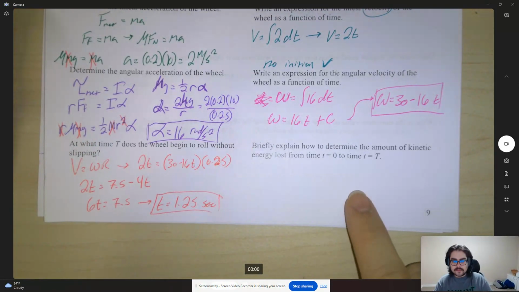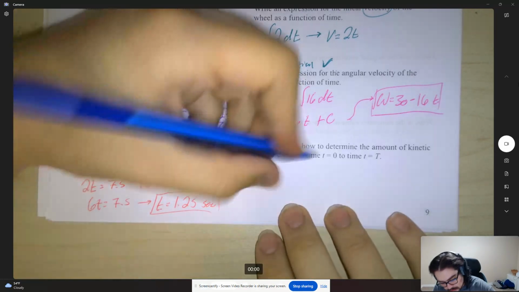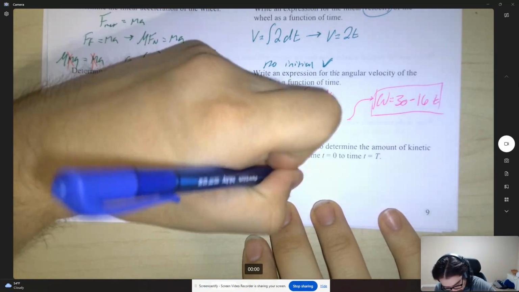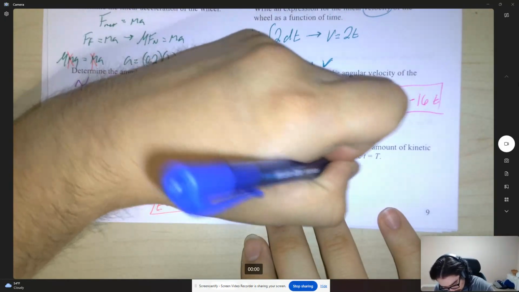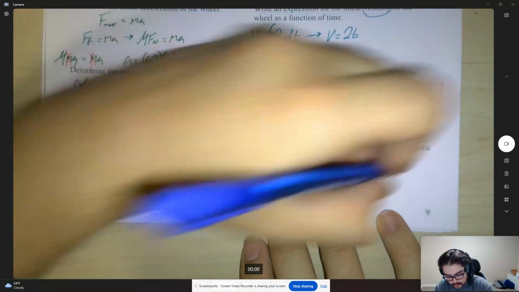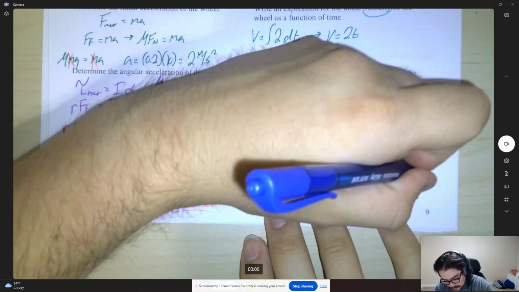And the final part is how do you determine the kinetic energy? I'm not going to do the whole thing because it's really not that bad, but you just take initial kinetic energy minus final KE, which equals delta KE.